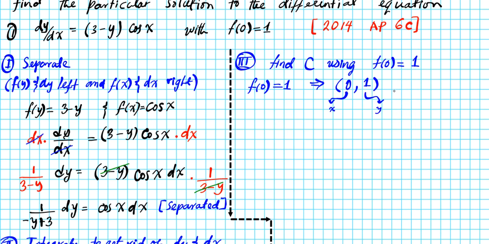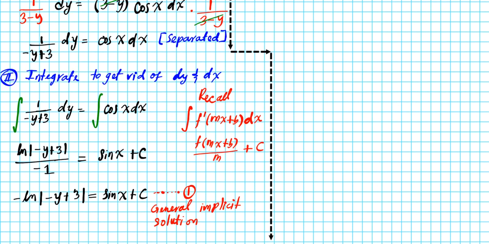Now, what we're going to do to help us find the value of c is as follows. We're going to substitute 0 for x and 1 for y in equation 1, our general implicit solution. That will help us find c. So this is our general implicit solution again, right here.